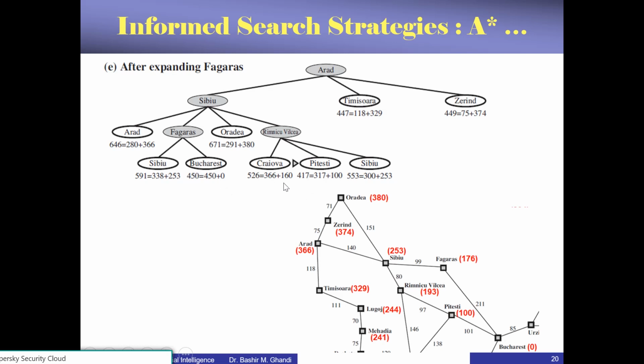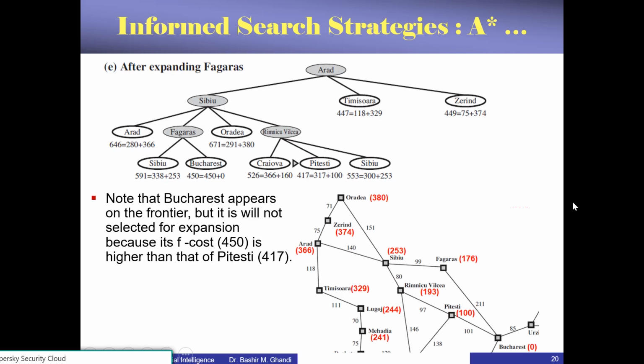In other words, the algorithm doesn't accept a goal at the point of generating it, only at the point of exploring it. Okay, so this is the note I'm making here. Bucharest appears on the frontier from Fagaras, but it will not be selected for expansion. Why?